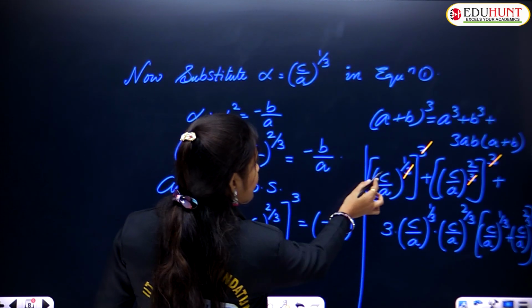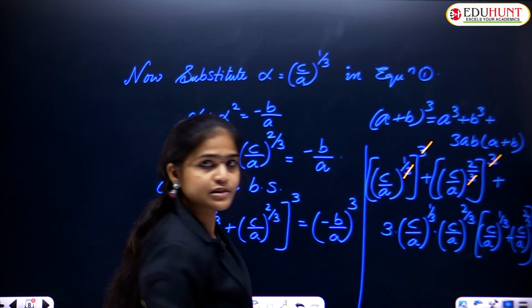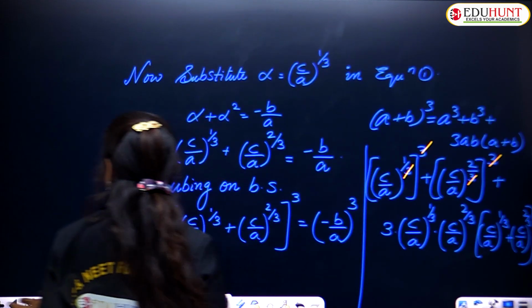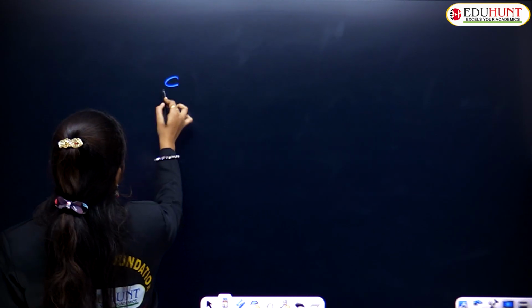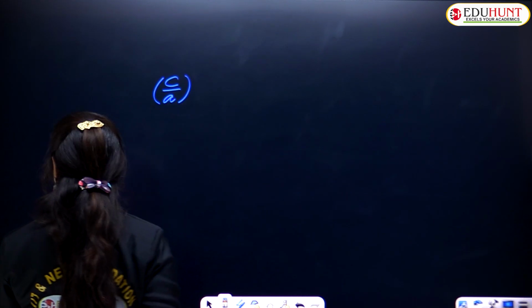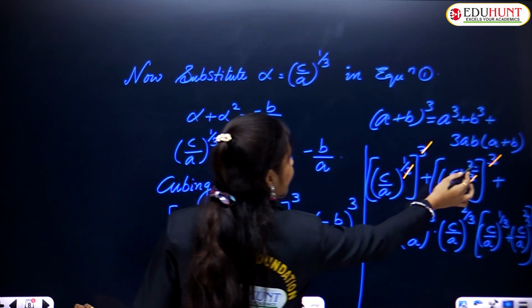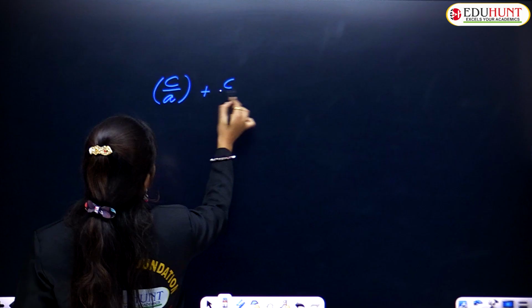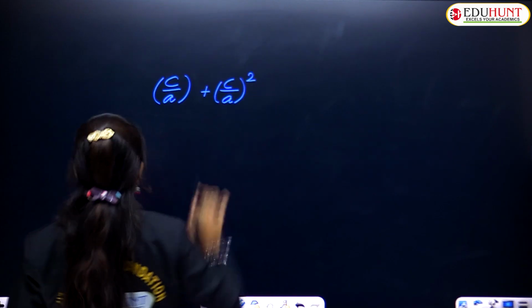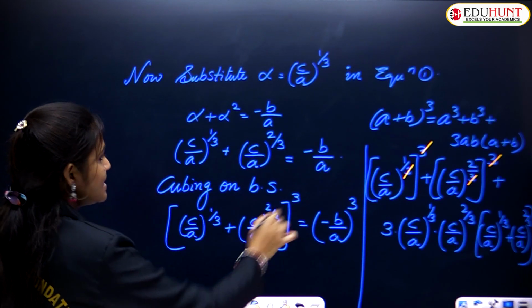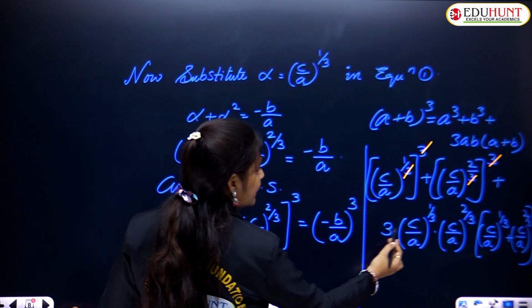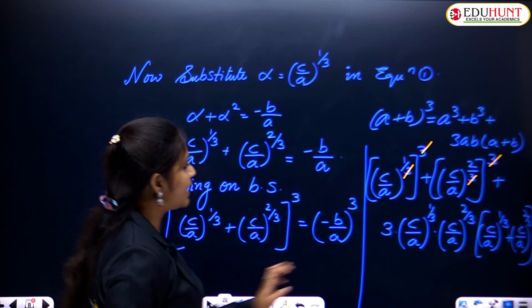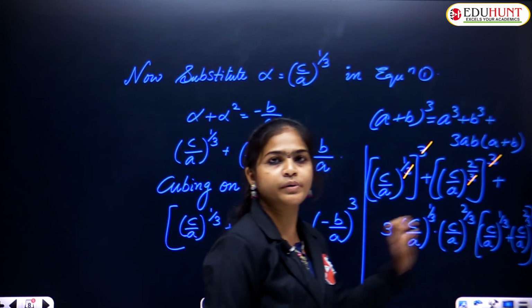So leftover c by a, since 3 and 3 cancel, plus again 3 cancels, so c by a whole square. Plus 3 into c by a whole power 1 by 3 and c by a whole power 2 by 3.